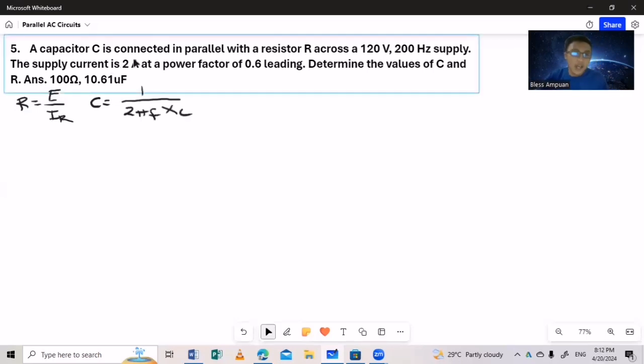Now, with this, we don't have an I sub R, we don't have an X sub C. What is only available here is the voltage supply and the total current. So first, I think we will use the power factor so we could get the phase angle of the circuit.